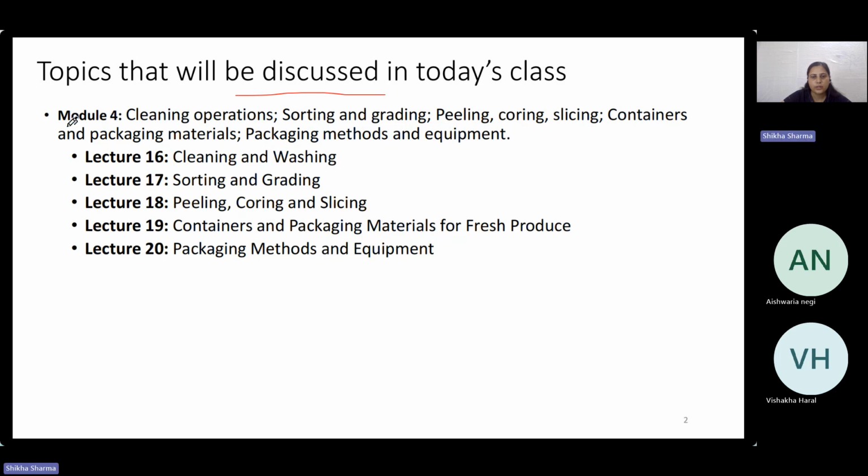So we will be discussing module 4, which includes cleaning operations, sorting and grading, peeling and slicing, then containers and packaging materials, packaging methods and equipment.